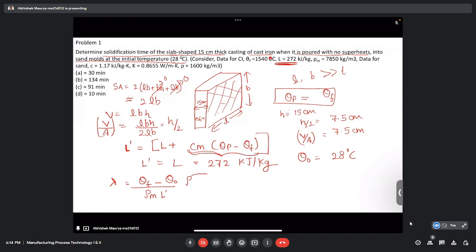Rho means what? Density of the sand mold. And C. C is what? It is the heat capacity of the sand mold.